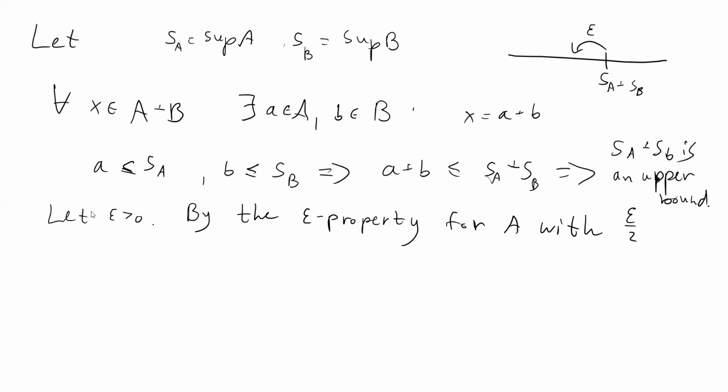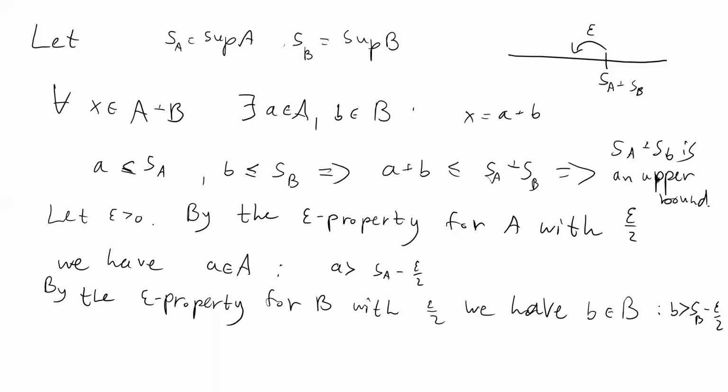If our epsilon is the epsilon that we want to use for the set A plus B, then for the set A we'll take half of it. We have, by the definition of the epsilon property, that there exists an element in A that is greater than the supremum of A minus this epsilon, which is epsilon divided by 2.